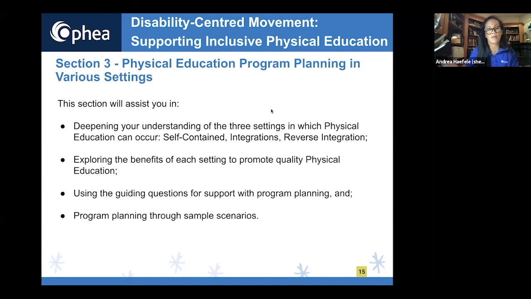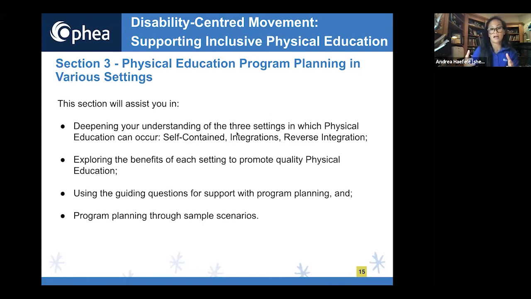I'm looking at the time right now, and I want to fly through the last few slides just to close off and bookend what we've been talking about. So in this resource that's coming out next week, there's a section about physical education program planning in various settings. In this section, you're going to look at 3 different types of settings of how phys ed can be delivered: self-contained, integrated, and reverse integrated, and explore the benefits of promoting each of these settings for different learners.